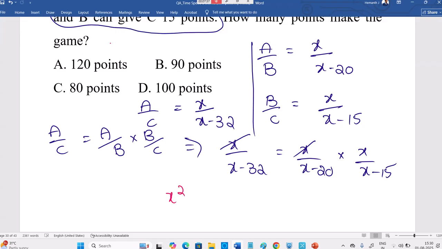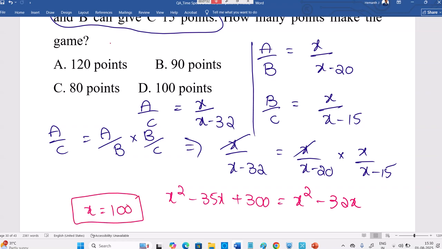X square minus 20x minus 15x, that is minus 35x, plus 300 equal to x square minus 32x. X square gets cancelled, my dear. We got 3x equal to 300, x equal to 100. So we can consider the game is for 100 points.